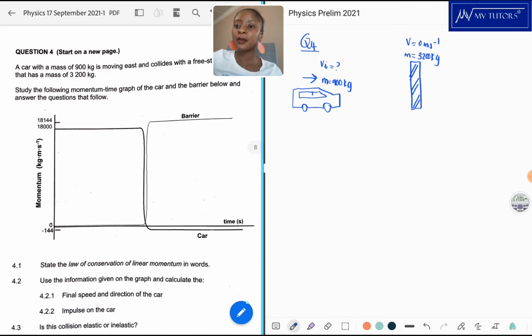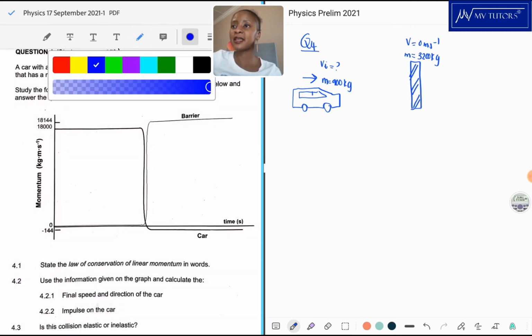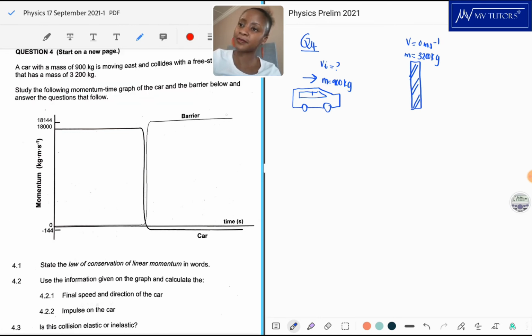Before we even answer the questions, let's just look at this and see what is actually happening. So this is for the barrier, and the first graph here is for the car.